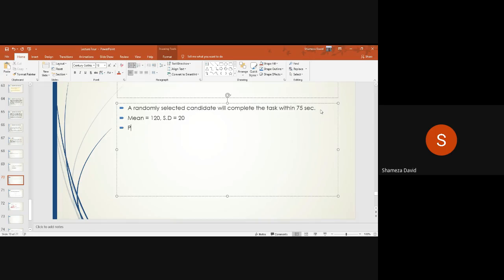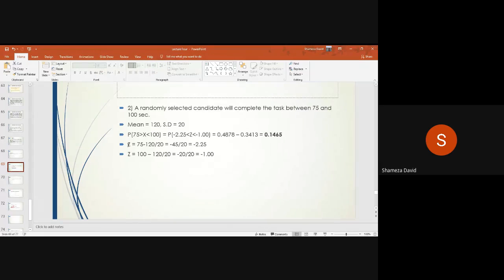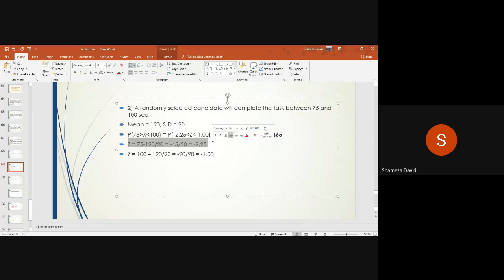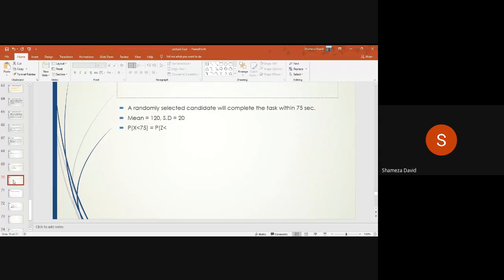And we're looking for the probability that x is less than 75. We already found the Z value for 75, which we found to be negative 0.25.